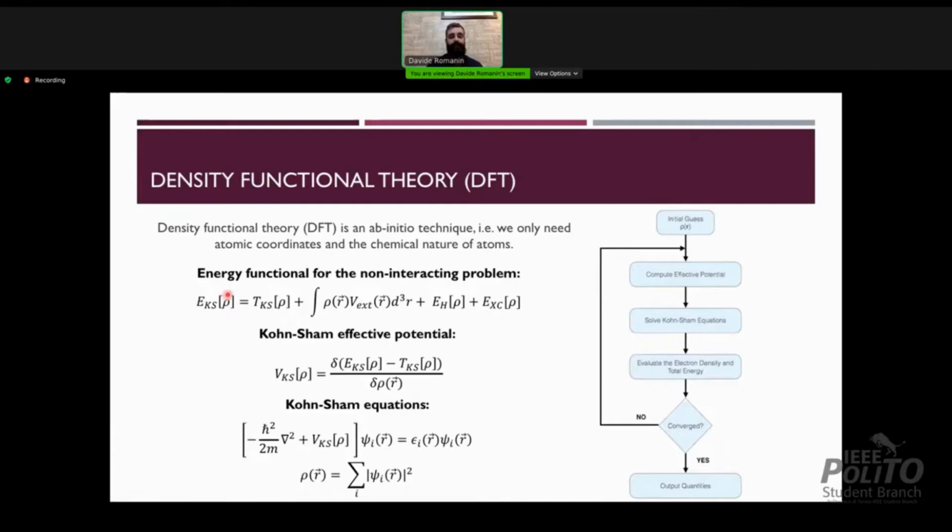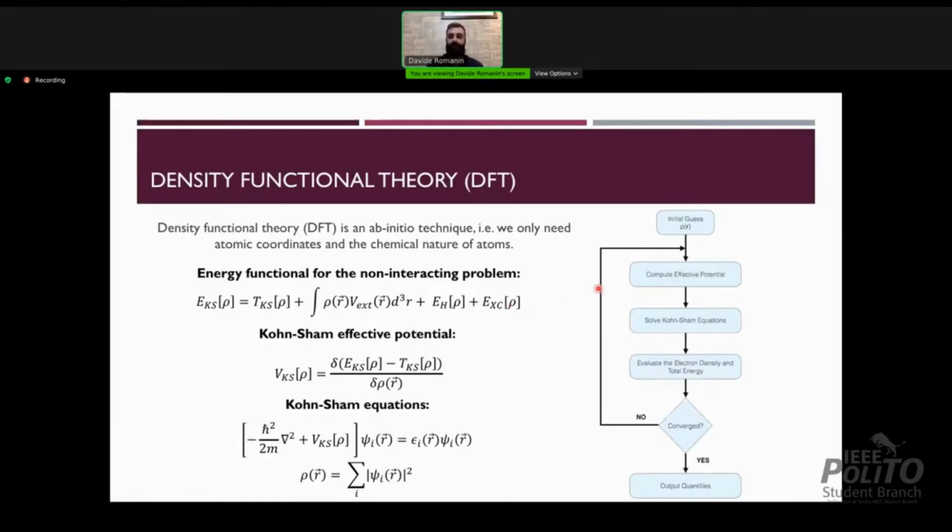And moreover, in the Kohn-Sham approximation, we map the difficult many-body interacting problem into a simpler non-interacting one, where all the difficult many-body interactions are put inside an ad hoc functional, which is called the exchange correlation functional, which is chosen depending on the material and on what we have to simulate.